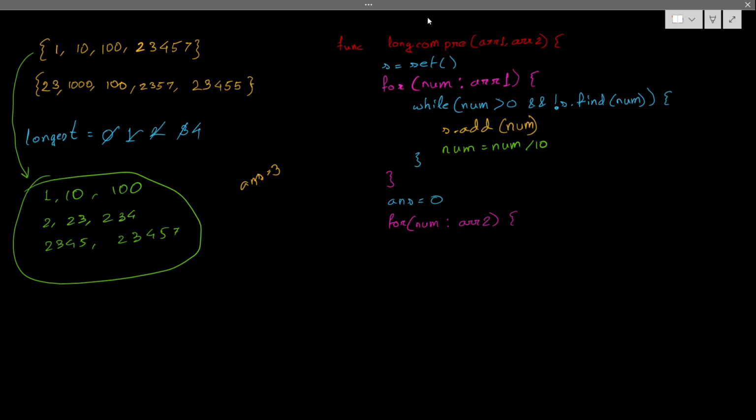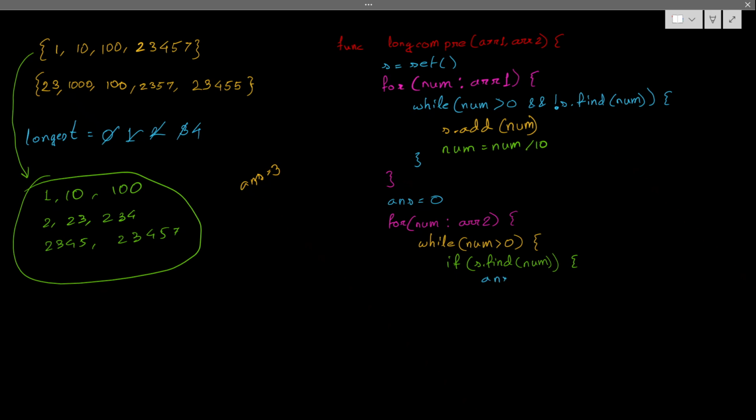So here, again a while loop: while my number is greater than 0, if that number is present, if s.find of num, if it is present, I will reassign my answer.